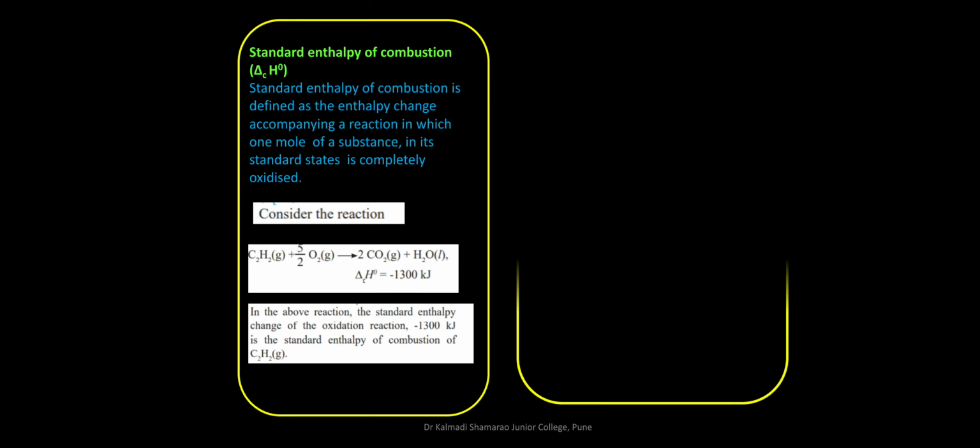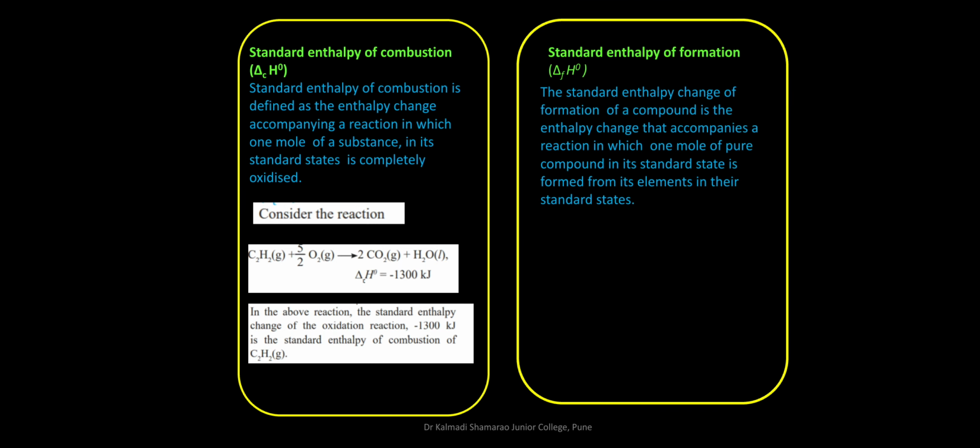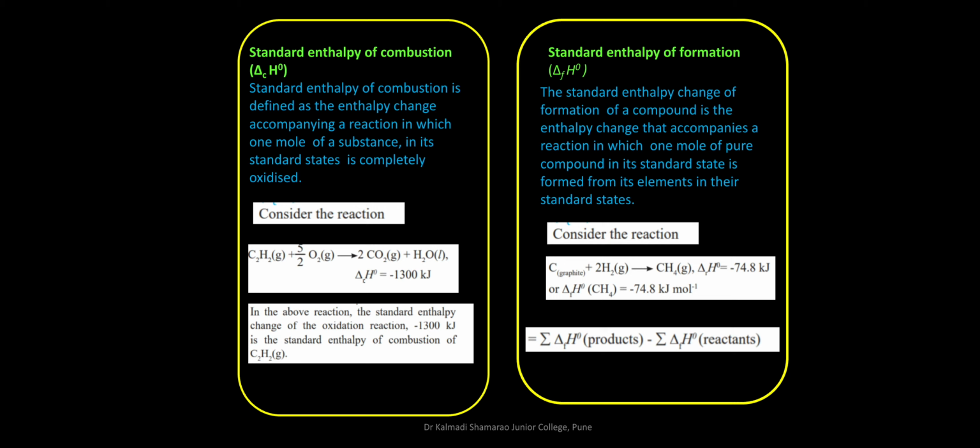Now let us consider another enthalpy, the standard enthalpy of formation, which is denoted by the symbol delta Hf naught. The standard enthalpy change of formation of a compound is the enthalpy change that accompanies a reaction in which 1 mole of a pure compound in its standard state is formed from its elements in their standard states.